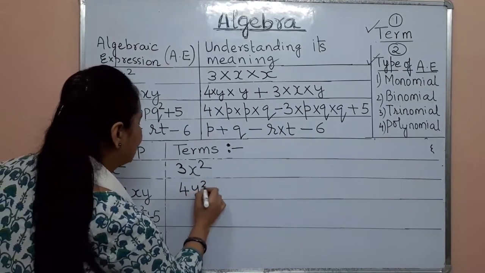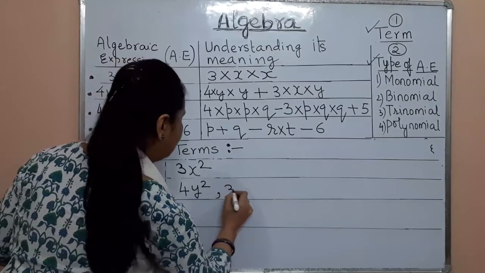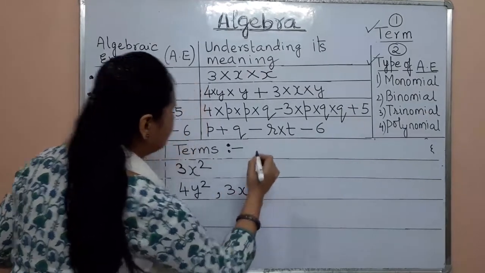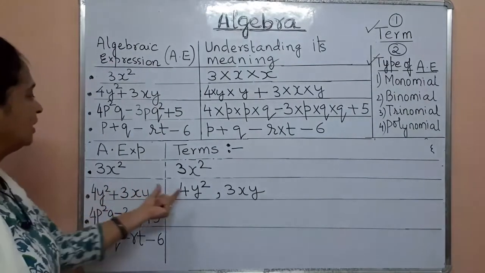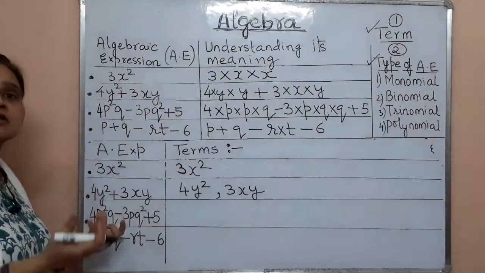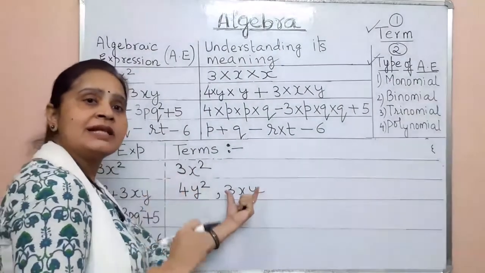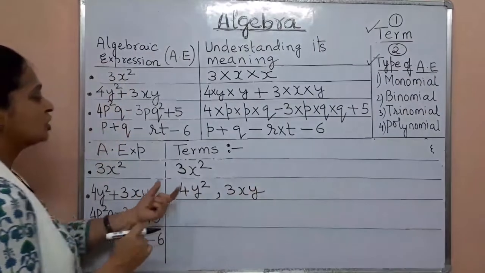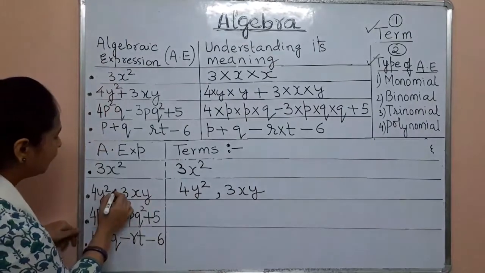One is 4y square and another one is 3xy, and we have to see why we have taken this and this as the terms, because terms are the smaller algebraic expressions which are connected with each other with the help of a plus sign.